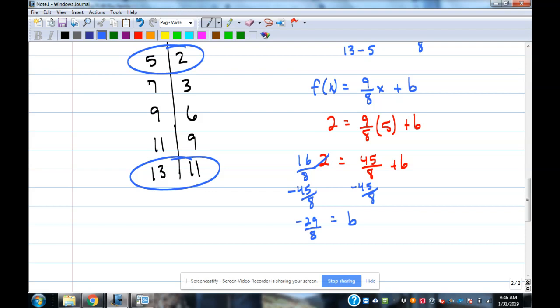So we've got an equation for a line of fit that is f of x is equal to 9 over 8 x minus 29 over 8.